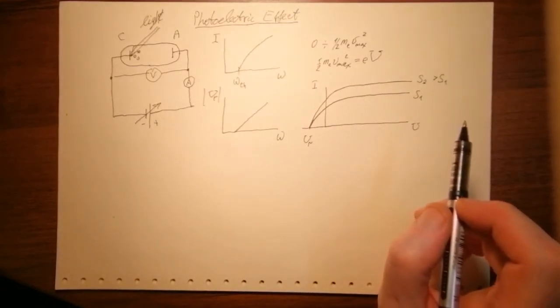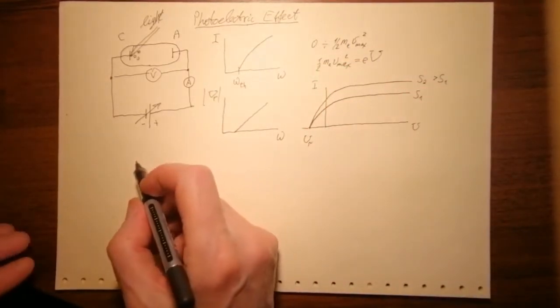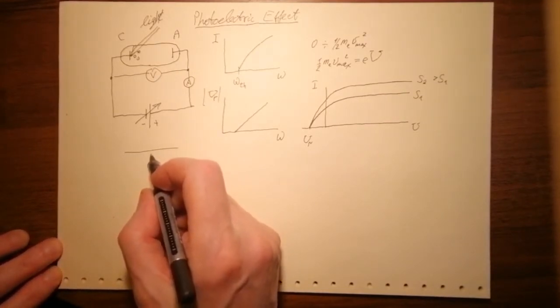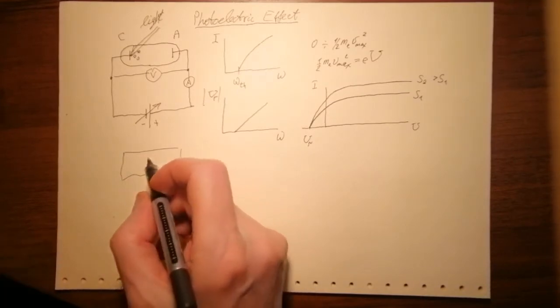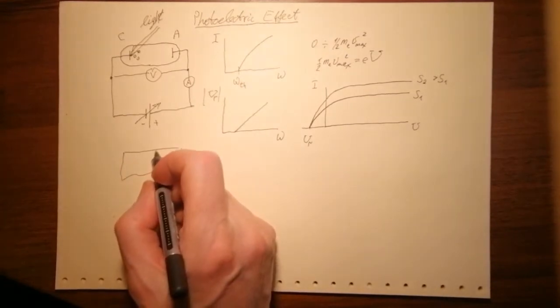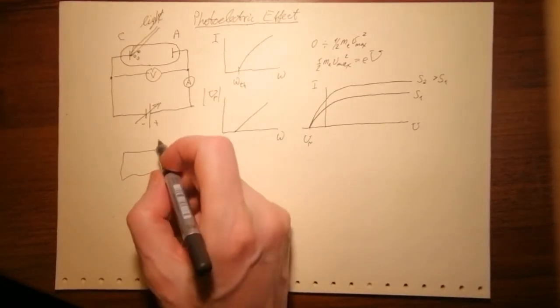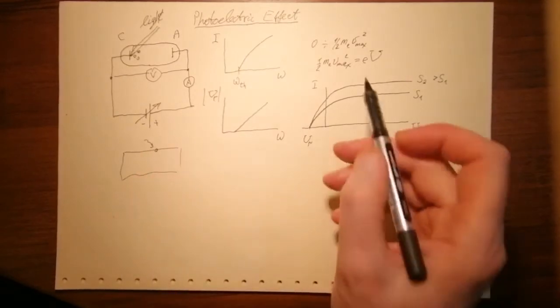It is again explainable how we obtain different electrons. Imagine that we have a surface, and an electron which is located at the very surface, when illuminated with light, is knocked out and has maximum energy.